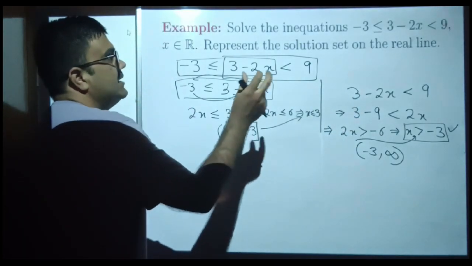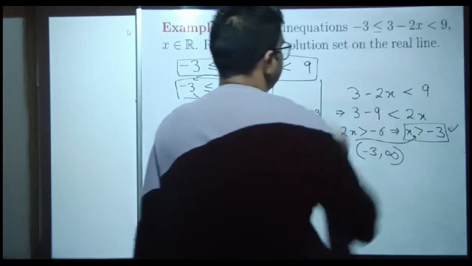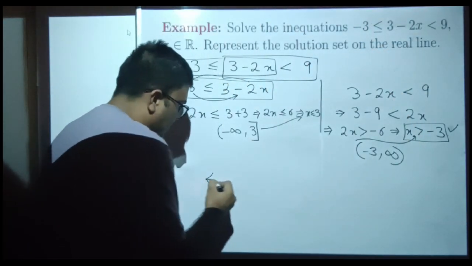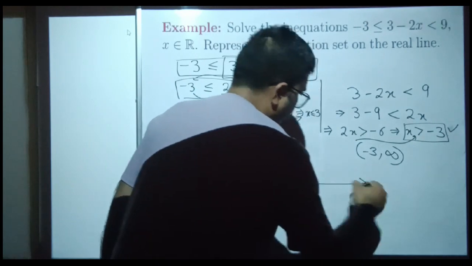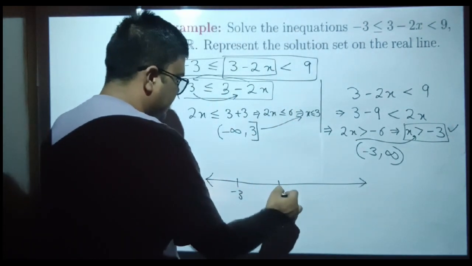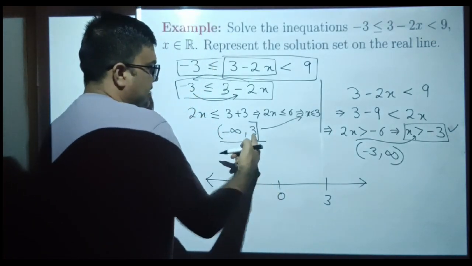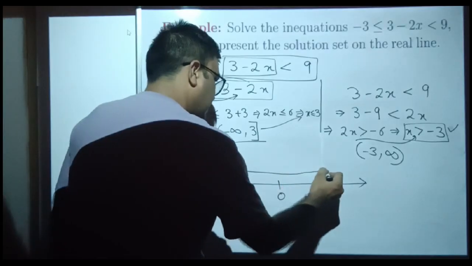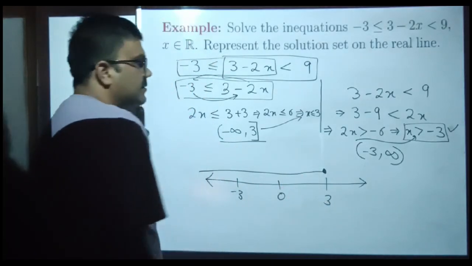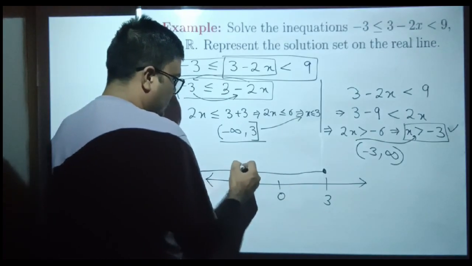When we are saying we are interested in those values of x which satisfy both these conditions, it means we are talking about the intersection of these two. We are talking about the points minus 3, 0, 3. This is representing minus infinity to 3, and it is closed over here. Minus 3 to infinity with open over here.